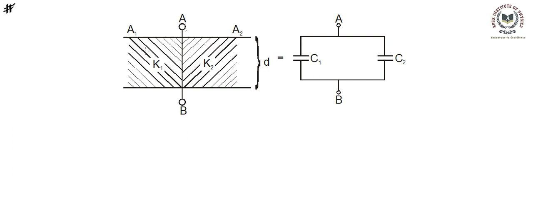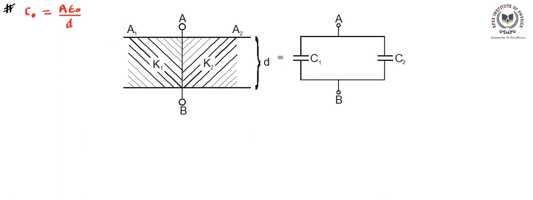Another type of dielectric filling might be of this way, in which the dielectrics do not have the same area as that of the plate. Let's say in this example the original capacitance is C naught, which was A epsilon naught divided by D, where A is the plate area, epsilon naught is for vacuum and D is the gap.